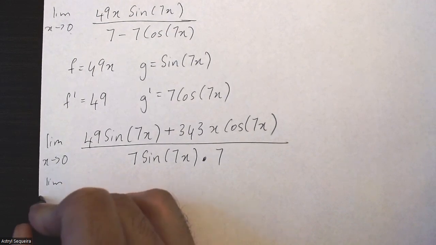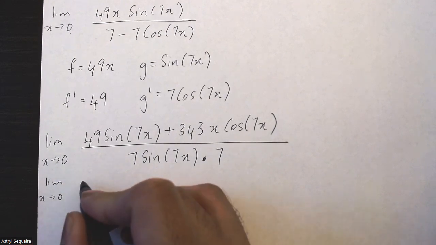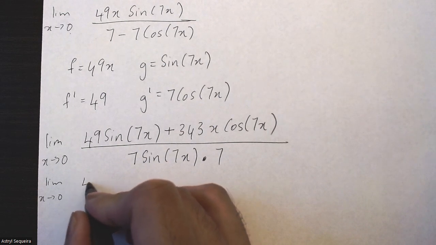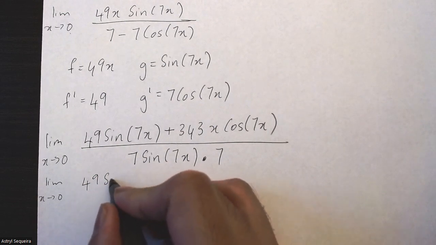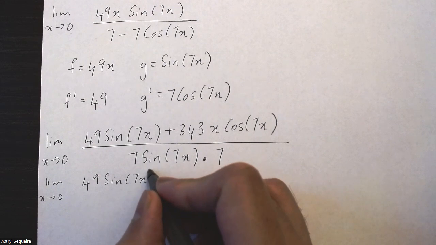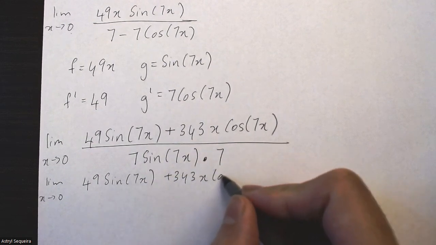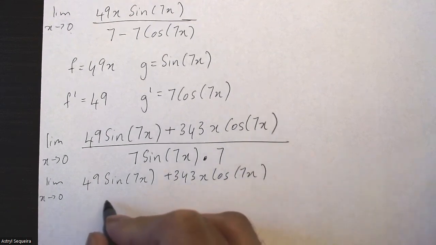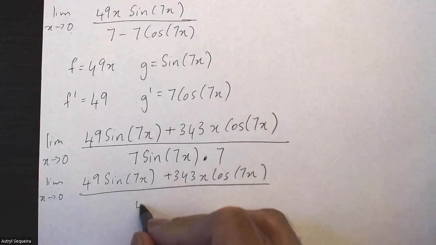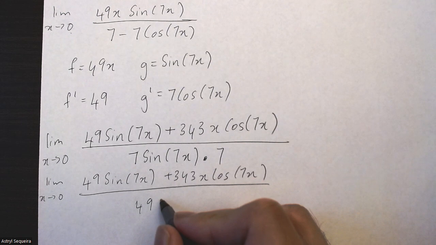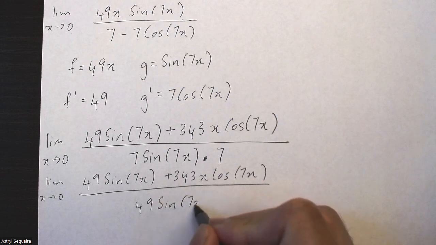So limit as x approaches 0 of 49 sine 7x plus 343x cos 7x, divided by 49 sine 7x.